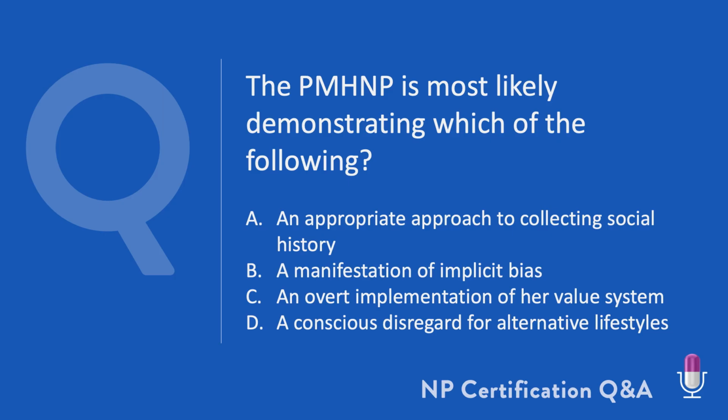And I'm sure that there are those who are just consciously like, oh yeah, I know that's what some people think, but this is my value system. Could that happen? Yeah, it probably does. But the question is, the NP is most likely demonstrating which of the following. And in this society in which we live and practice, B is the most likely answer. It's the best answer.